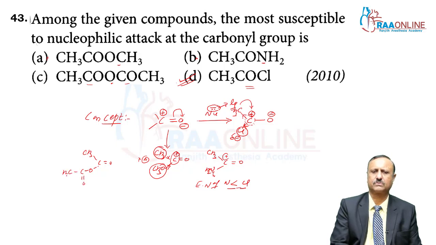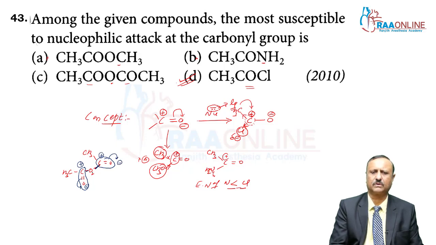My dear students, this oxygen atom is more electronegative, but if you look minutely, this oxygen atom is attached to two CO groups, 1 and 2. And when these two CO groups are attached, this carbon atom is also electron deficient, and this carbon atom is also electron deficient.